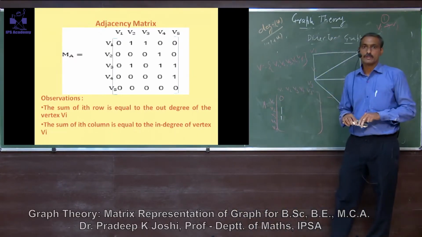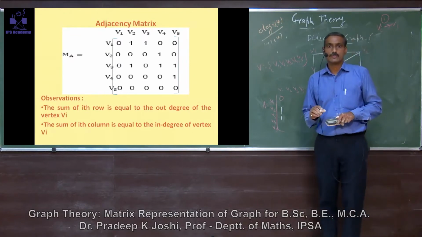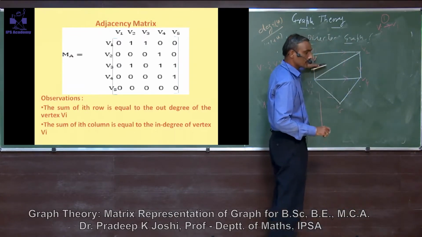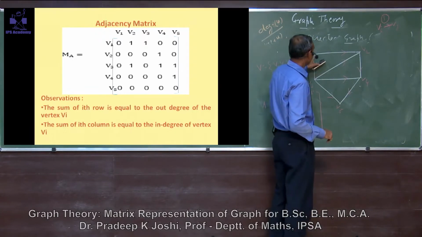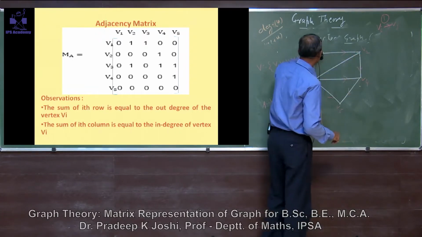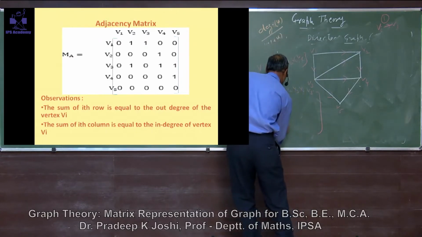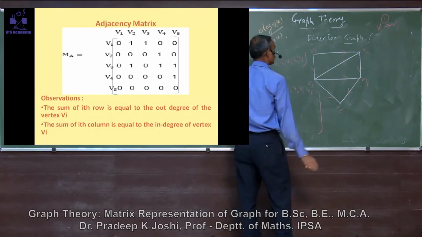So there is some mistake in this. V1 is incident to V2, so put 1. V1 to V3 there is no relationship, so put 0 and 0.